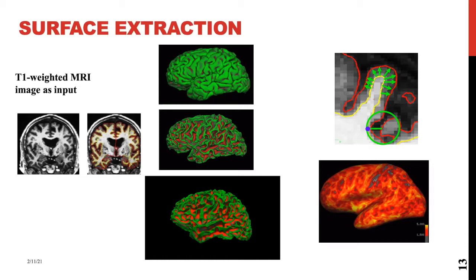So if we keep a running count of what I've talked about so far, we have the original T1 image that we gave it, just a nice T1 weighted image. We have the segmentation of subcortical structures. We have the parcellation of the cortex. We have these surfaces, and you can see this one is the white matter.